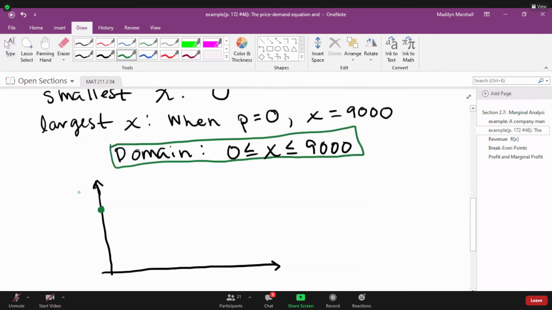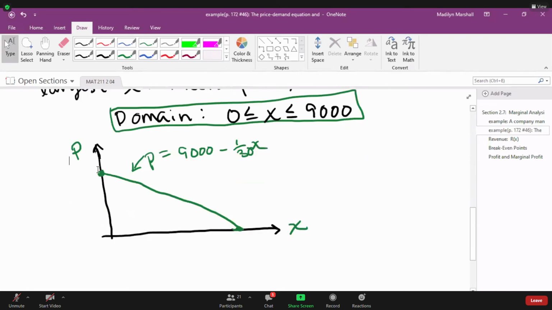It'd be going down, and all we really care about at the moment is that the slope is negative. Here x is on the regular x-axis and p is on the y-axis.